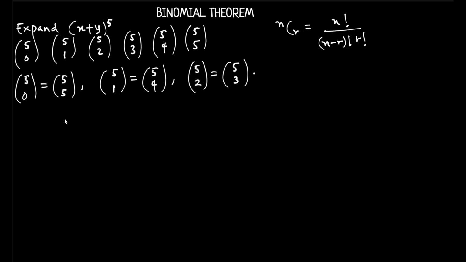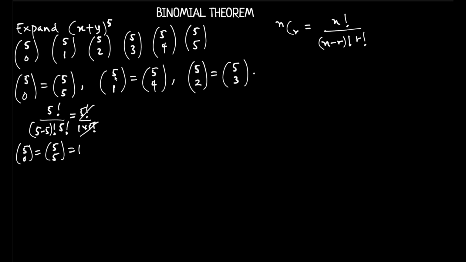So 5 combination 5 is going to be 5 factorial divided by 5 minus 5 factorial, 5 factorial. And this is equal to 5 factorial divided by 0 factorial, which is 1, times 5 factorial. So we have that at the top and at the bottom, so that goes to 1. So which means 5 combination 0 and 5 combination 5 equals 1.